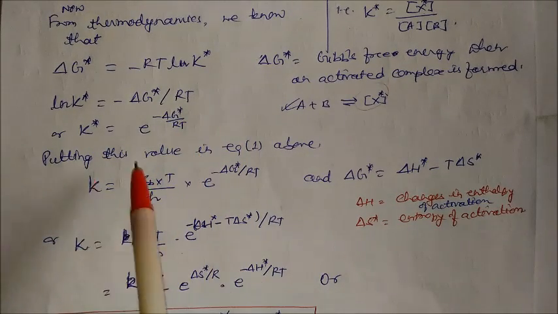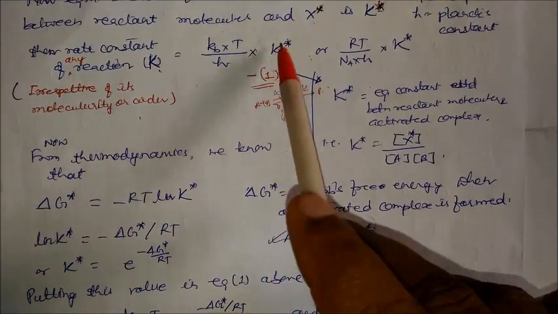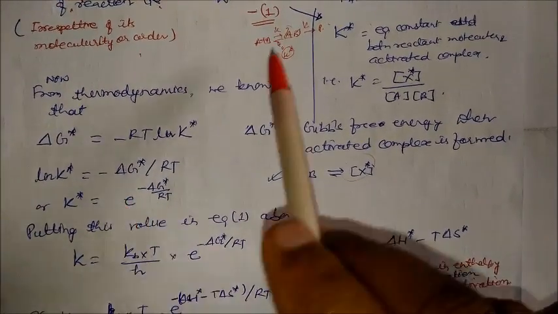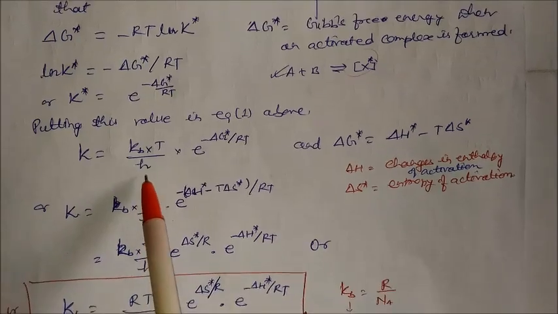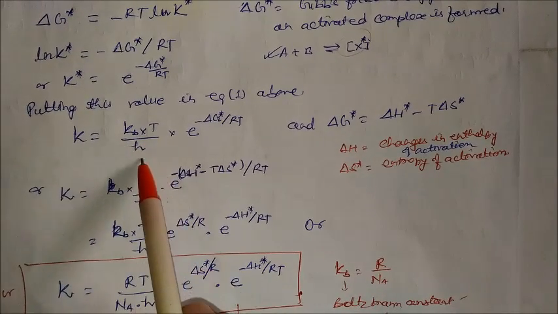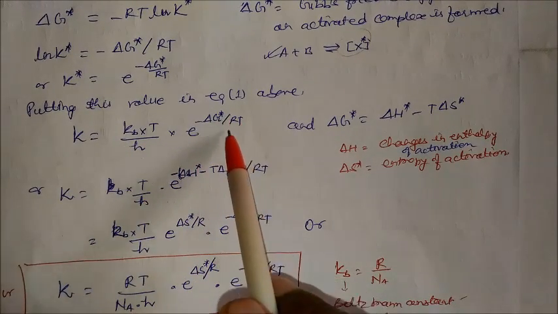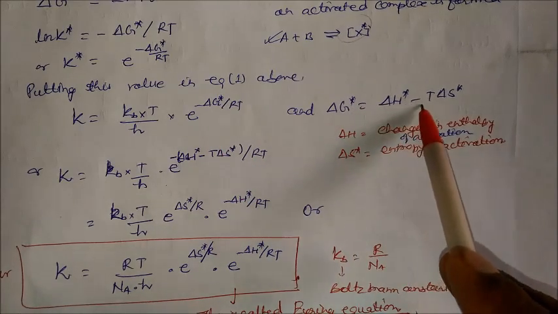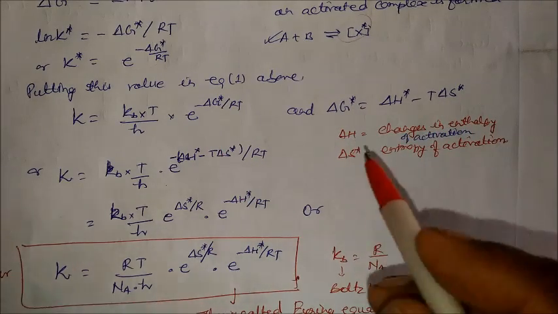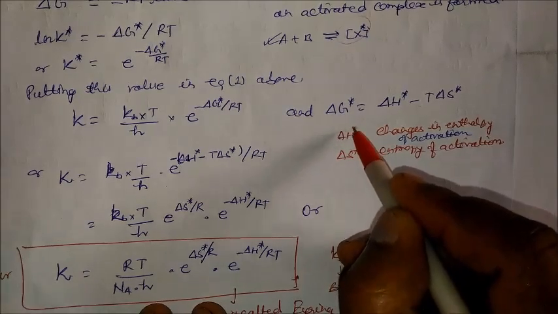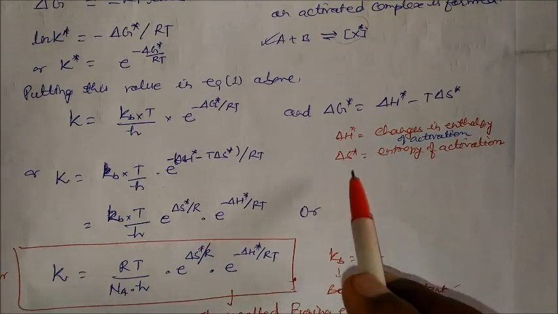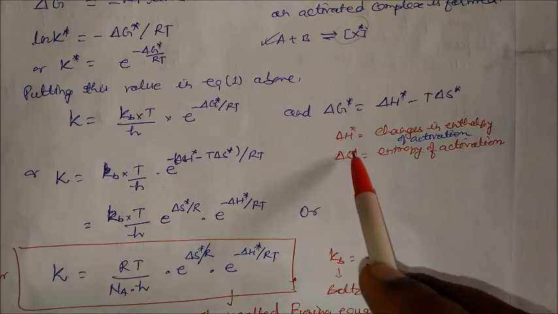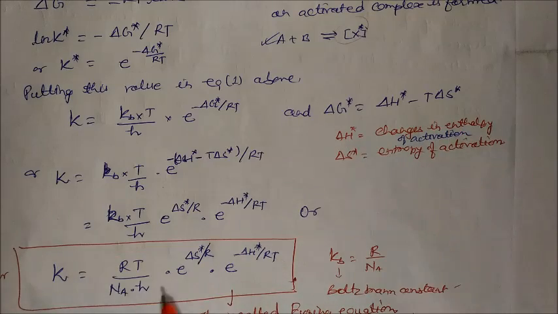Now you put this value in equation 1, and you will get k equals Kb into T upon h into e to the power minus delta G star by RT. And what is delta G? From thermodynamics, delta G is delta H minus T delta S. Delta H is the change in enthalpy of activation, and delta S is the entropy of activation.